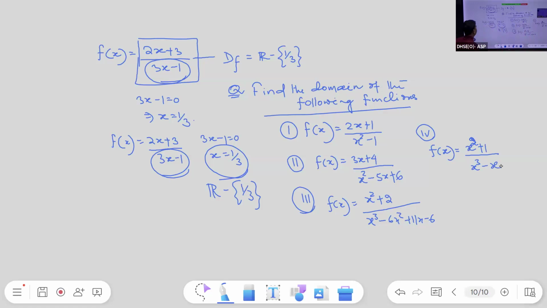Solve it. Solve and write the answer in the chat box.